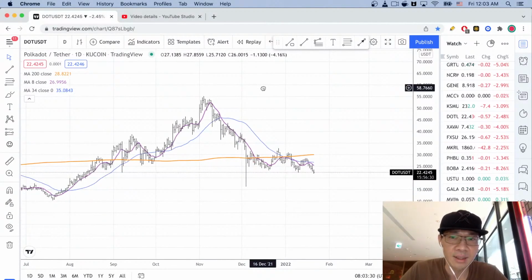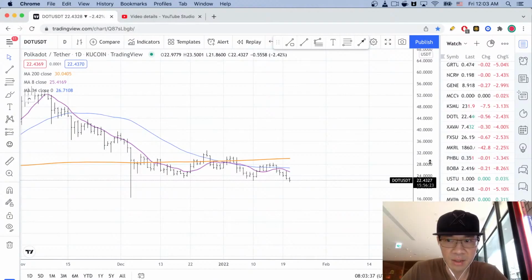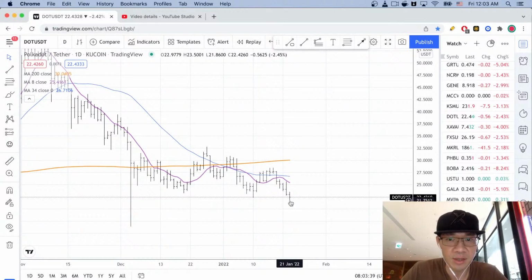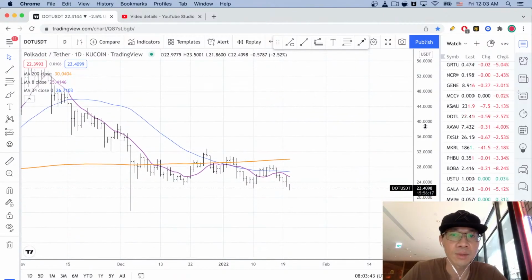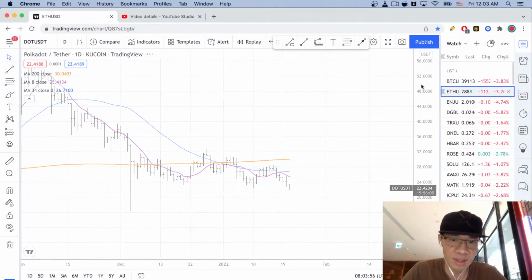All right, Polkadot. We've got some weakness coming through in the markets, trading below that 200 moving average, and we have to be very objective. This one printed another lower low, so there's more selling pressure than buying pressure. Another thing you could do with Polkadot is find a three price relationship, a pullback into more resistance for more downside correction, just like how we found Ethereum to the downside.